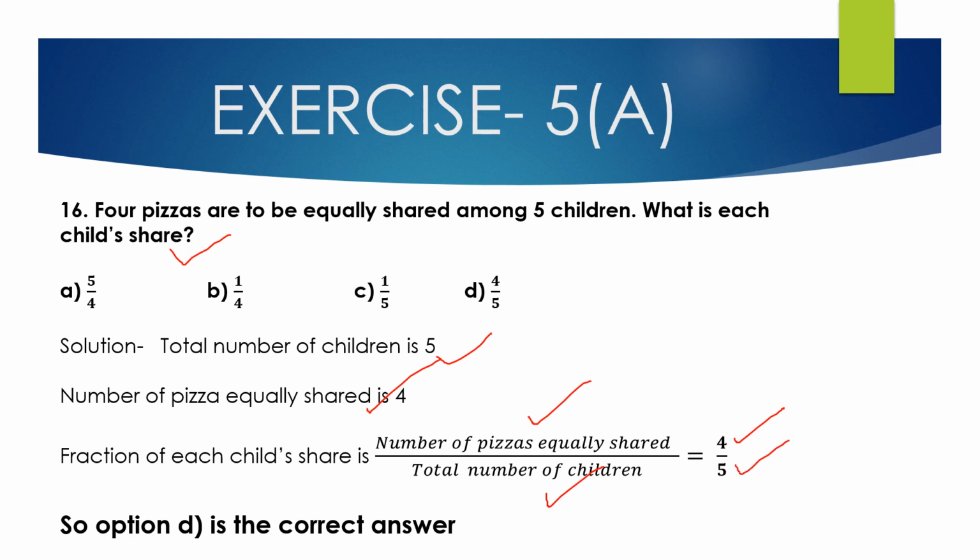So 4 divided by 5 is the correct answer. So option D is the correct answer, that is 4 divided by 5.